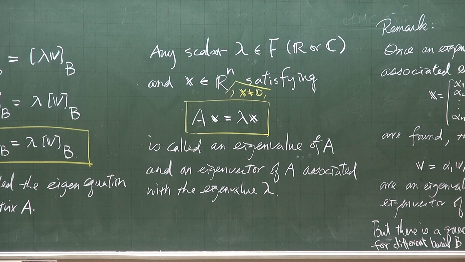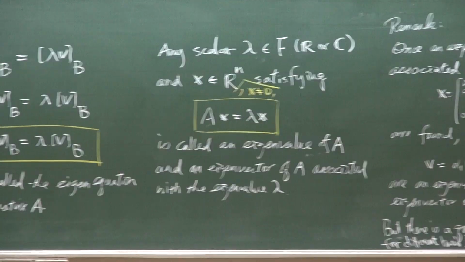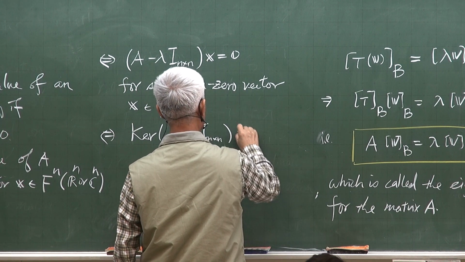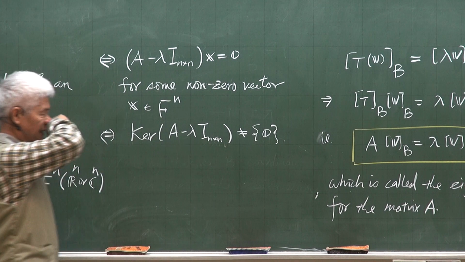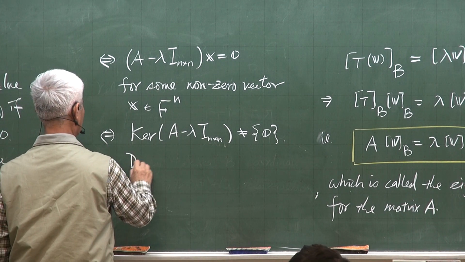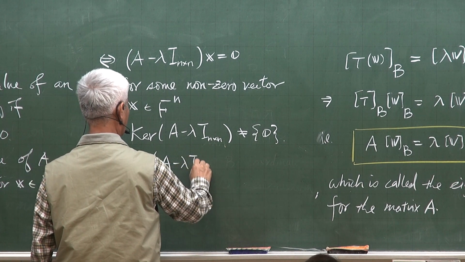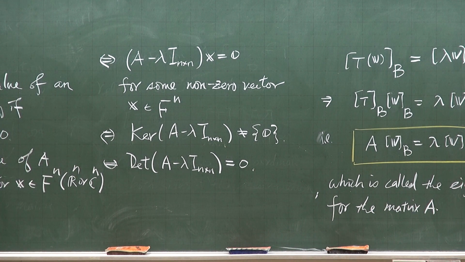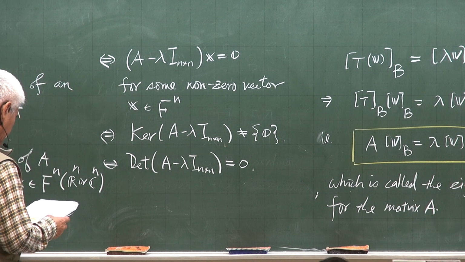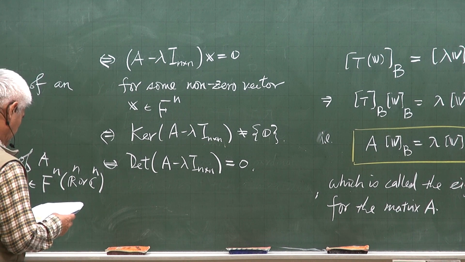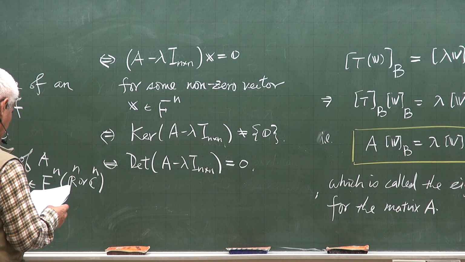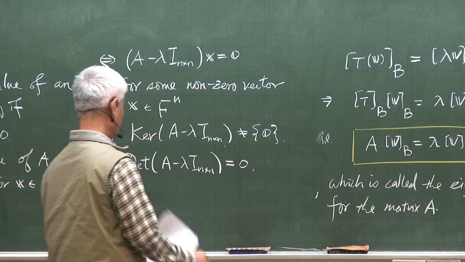That means the kernel of A minus lambda I is not equal to the trivial set, if and only if the determinant of A minus lambda I is equal to 0. We know that from chapter 4.